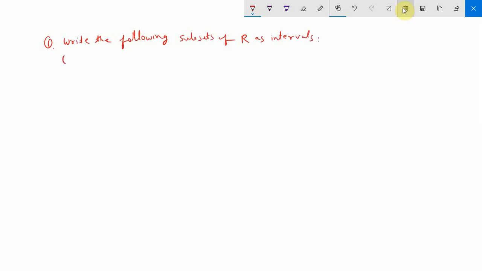So first one is {x such that x is an element of real numbers and x is greater than minus 4 and less than or equal to 6}.